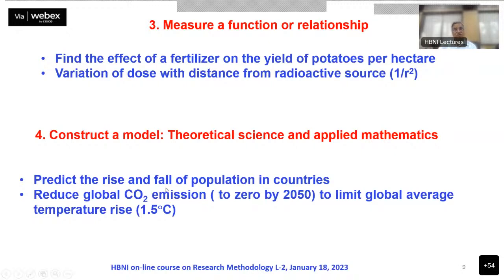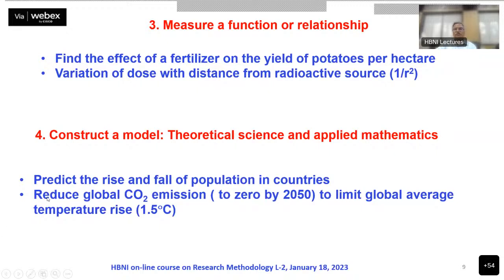Now, there are predictions. People are predicting the population of different countries. As you must have read some time back, India will be the most populous country in the very immediate future, maybe a couple of years from now. So that is all based on models. Population science is one area where people are working.